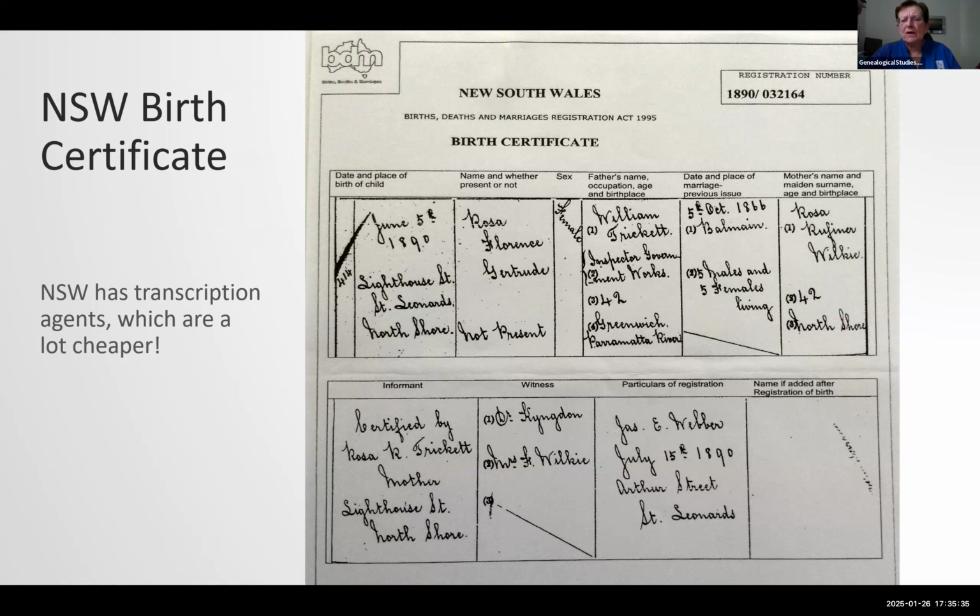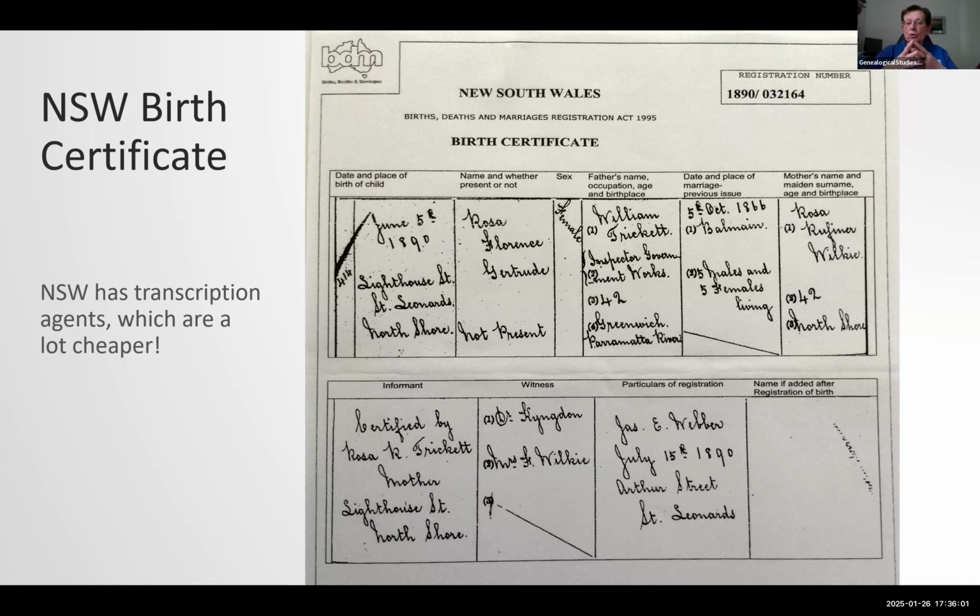Now, New South Wales indexes are online, but their certificates are quite expensive. So one thing you do with New South Wales is this is one area where you tend to utilise the transcription agents who are a lot cheaper, about a quarter of the price.